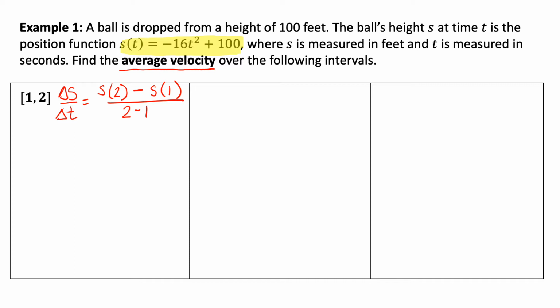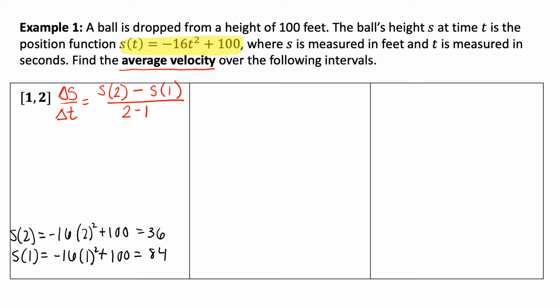S of 2 would be negative 16 times 2 squared plus 100, which gives me 36. And S of 1 would be negative 16 times 1 squared plus 100, which gives me 84.